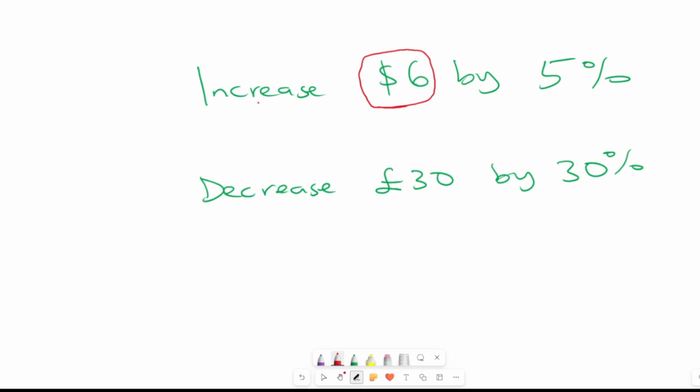So I give you a question: increase $6 by 5%. Some students will start, all right, 5% is the same as 5 over 100, and I'm finding 5% of $6.